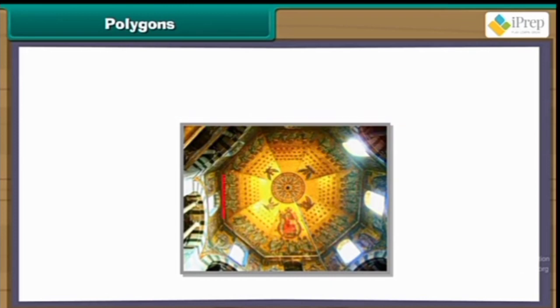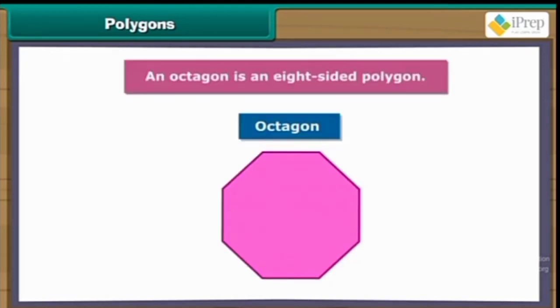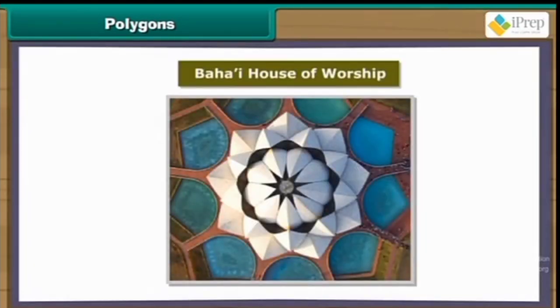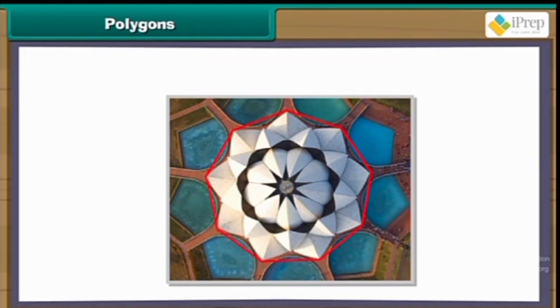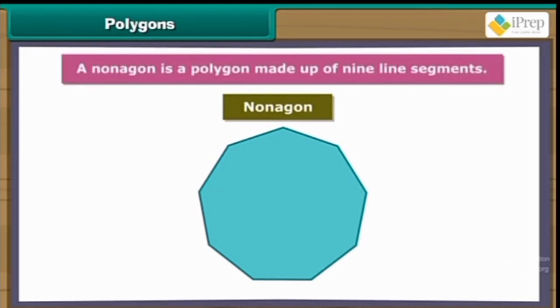It has 8 sides. An octagon is an 8-sided polygon. Look at this image. It is a Bahá'í house of worship. All Bahá'í houses of worship have 9 sides. A nonagon is a polygon made up of 9 line segments.